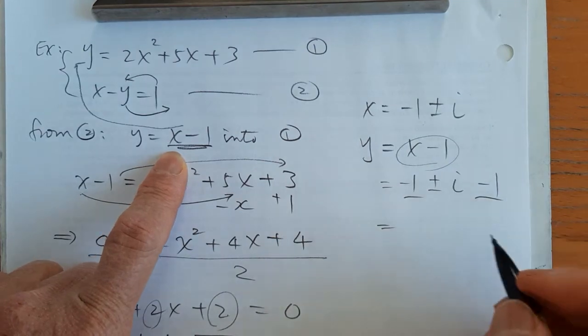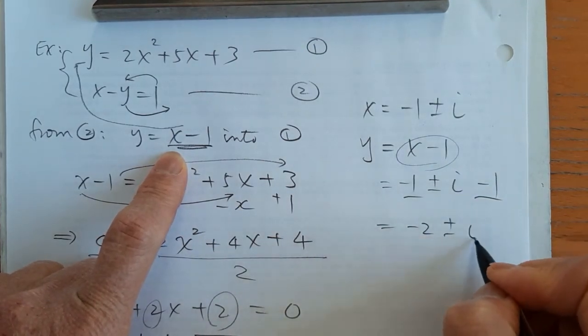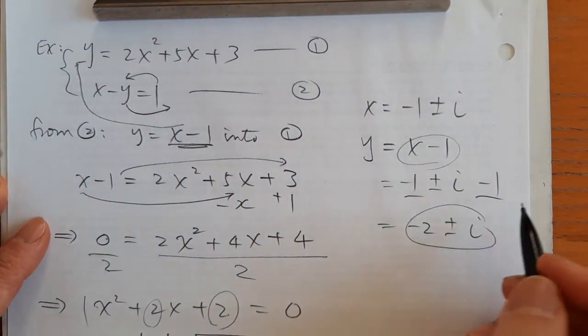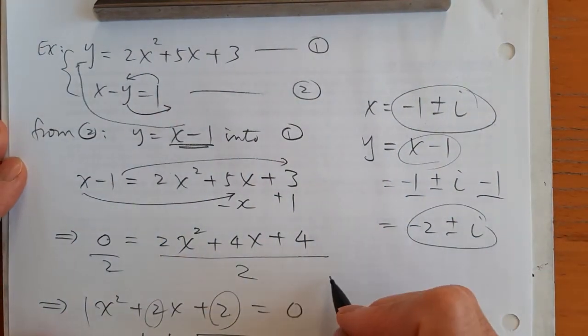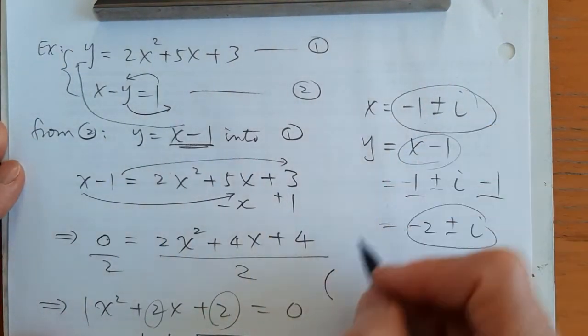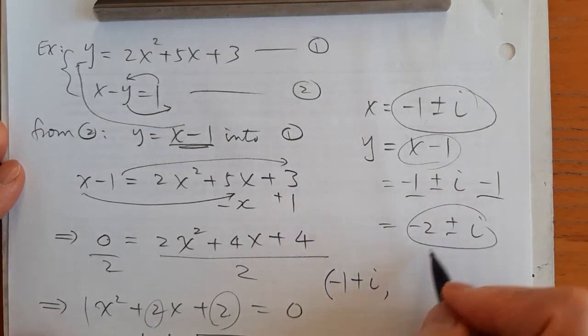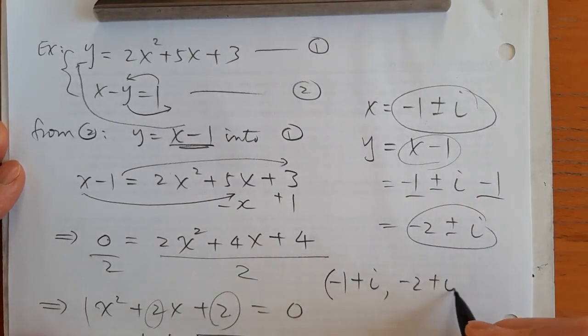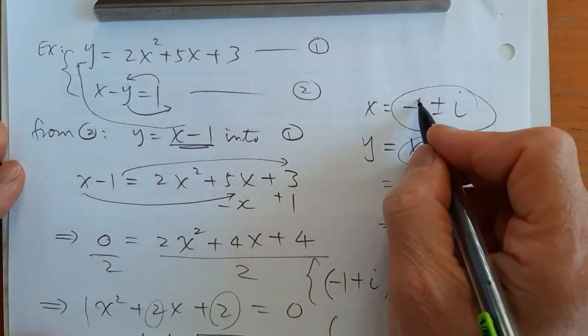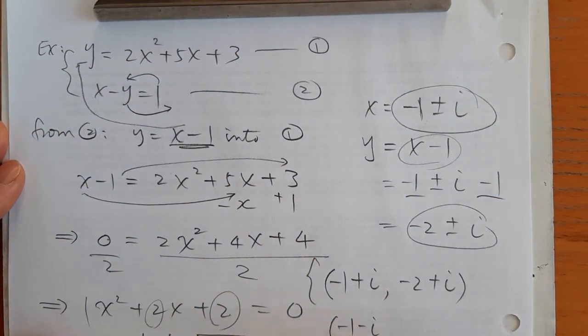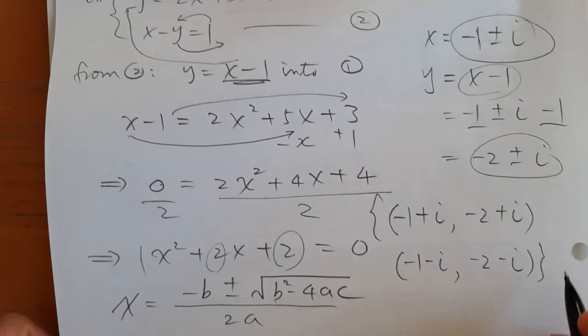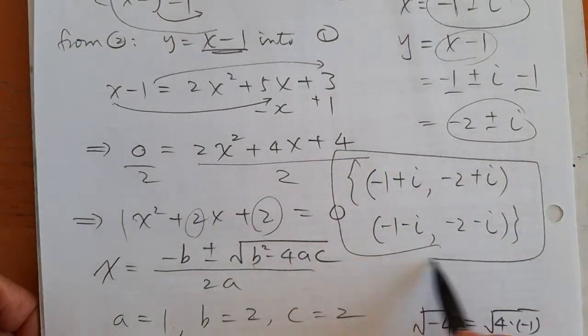Negative 1 with negative 1 is negative 2 plus or minus i. That's y. Now write down the answer. The first point: when x is negative 1 plus i, the y should be negative 2 plus i. The second one: when x is negative 1 minus i, the y should be negative 2 minus i. That's the second point. And this is the answer.